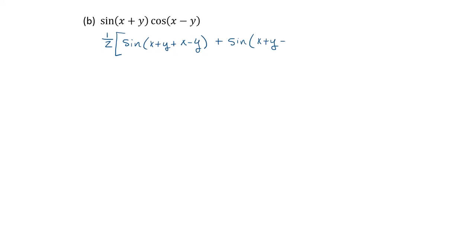So that makes a minus x minus a negative y. Now I simplify. 1/2 times sine of 2x plus sine of 2y.